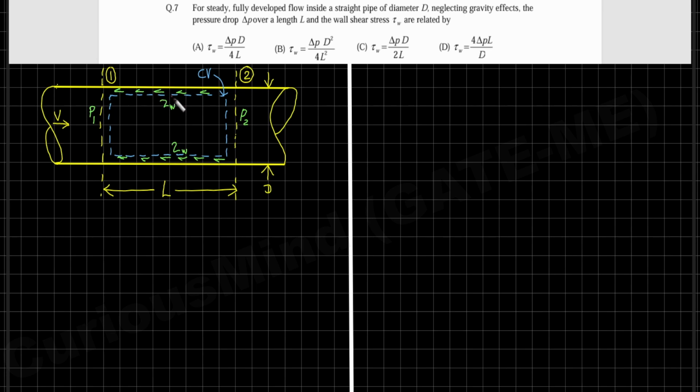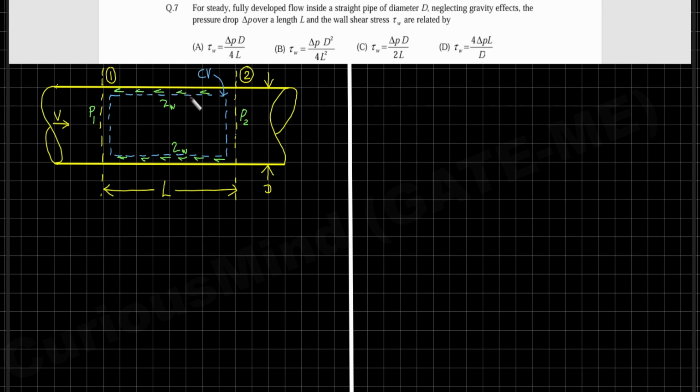The total resultant shear force because of this wall shear stress causes this fluid element to retard in its motion, alright. In other words, the total shear force that would act on this fluid element in the opposite direction of the fluid flow would try to decrease the motion of this fluid element, alright, so that the relative motion between the fluid and the internal wall of the pipe becomes zero.